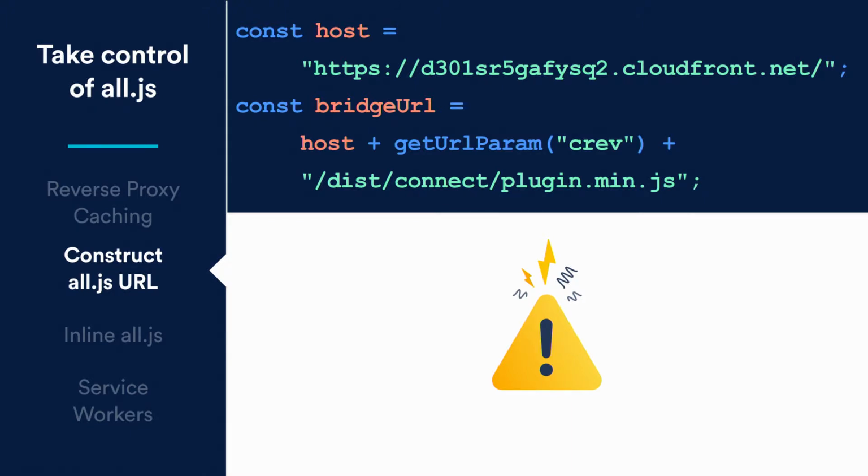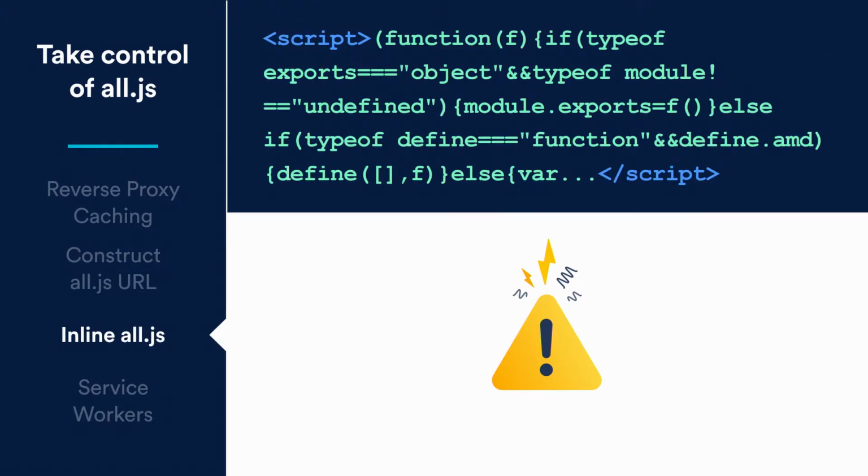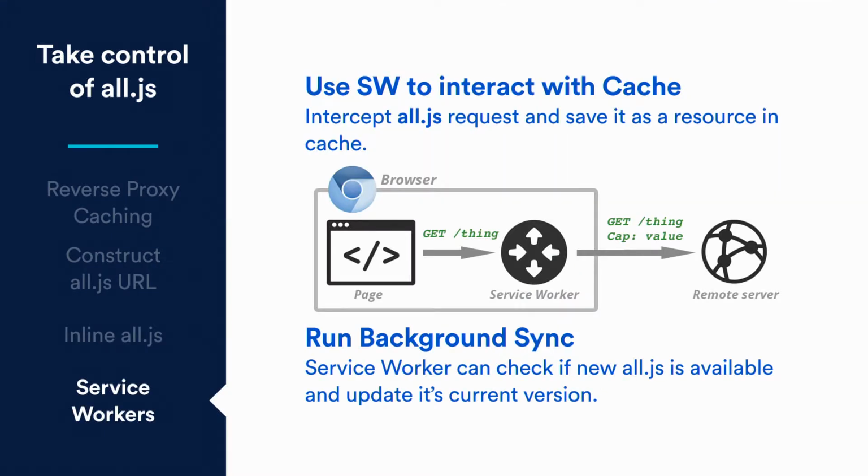And this is actually something that Pipelines is doing to remove that extra request. However, I would not recommend it because it's prone to changes, and it could potentially be quite dangerous. And the same goes for inlining the actual all.js, which actually would produce 0 extra requests.